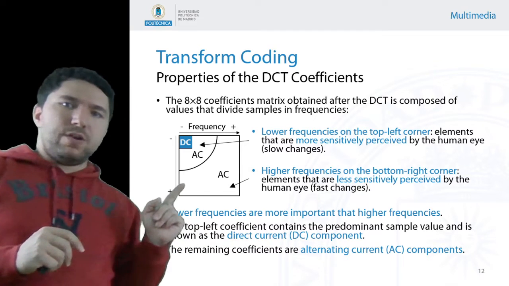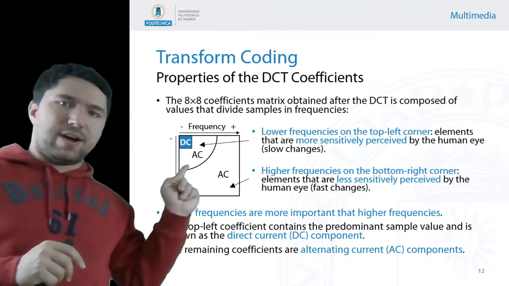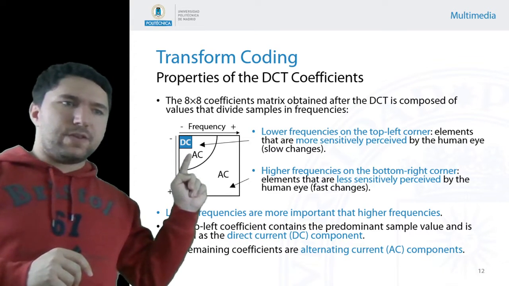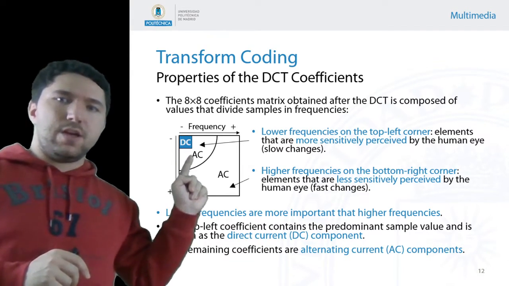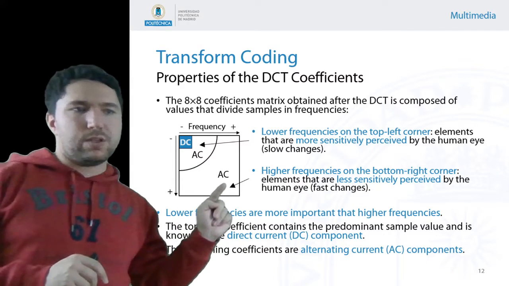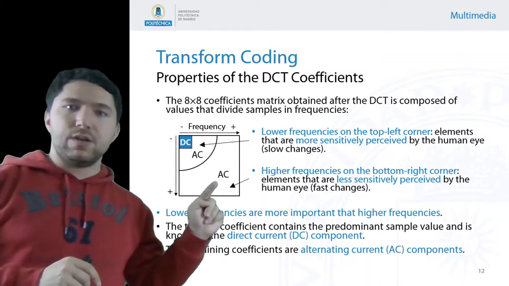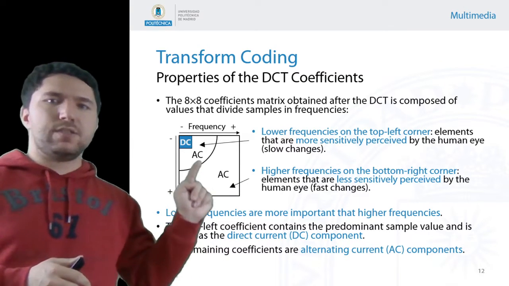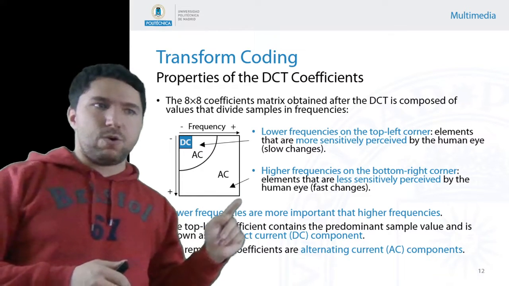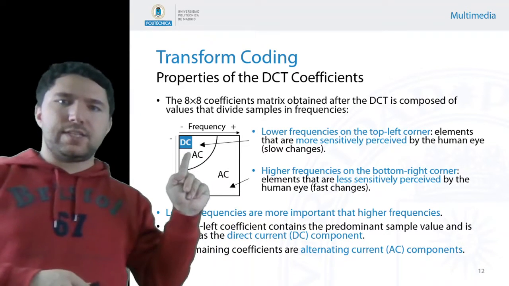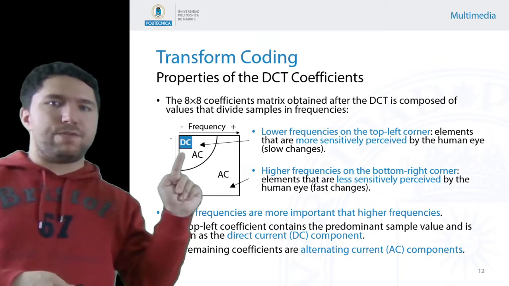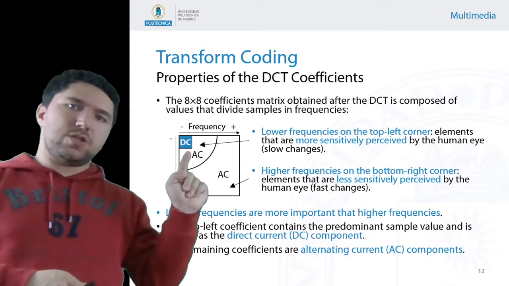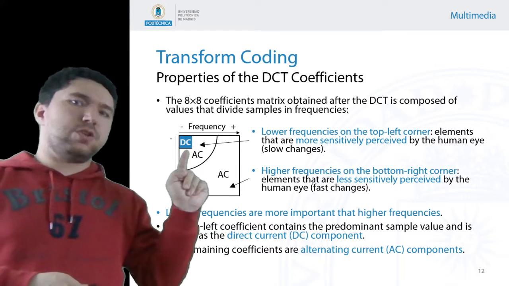After transforming the values, we will have something like this. We will have a very important coefficient here. We will call this coefficient the direct current coefficient, and all the other coefficients will be called alternating current components or coefficients. So we will have the DC coefficient and AC coefficients. This DC coefficient is the most important coefficient, and it is always placed in the top left position of our matrix.